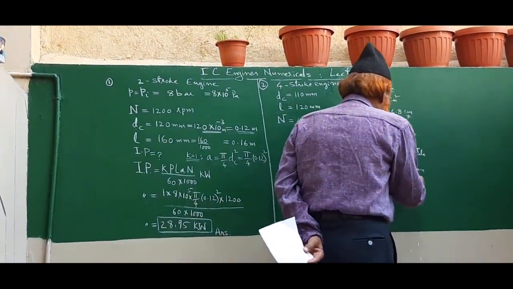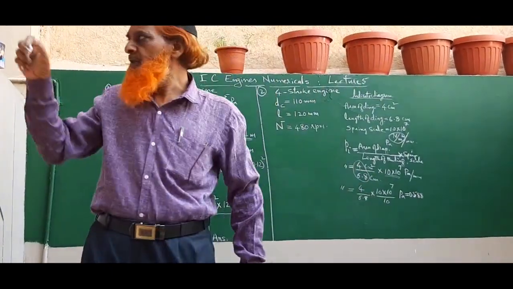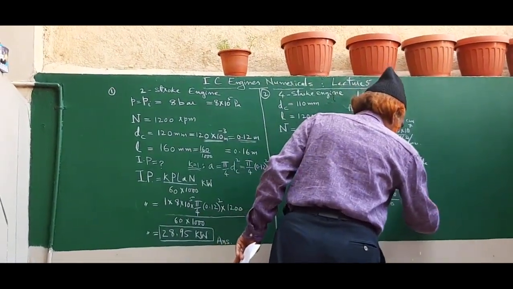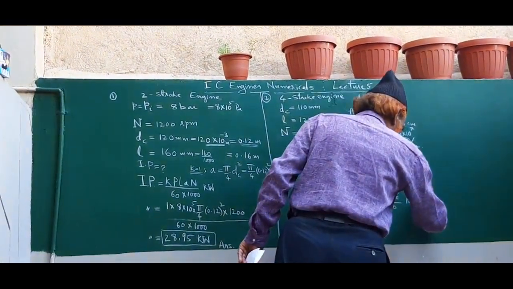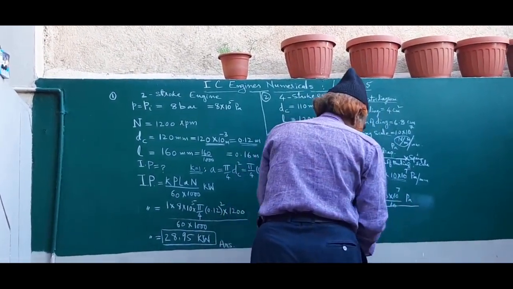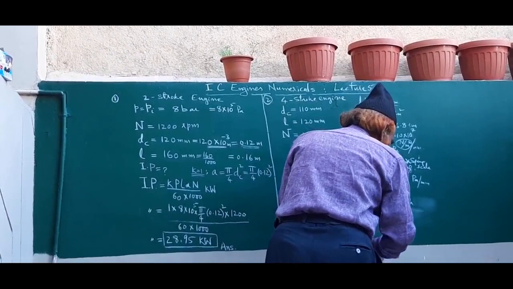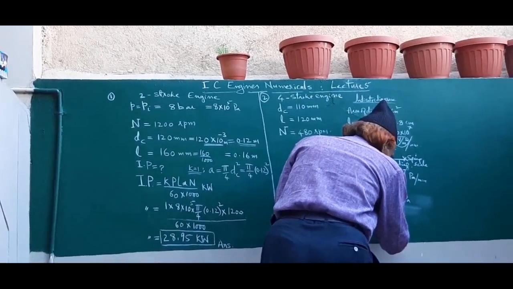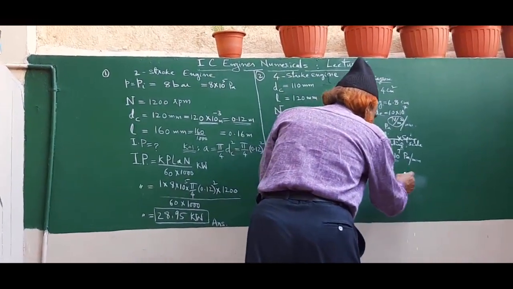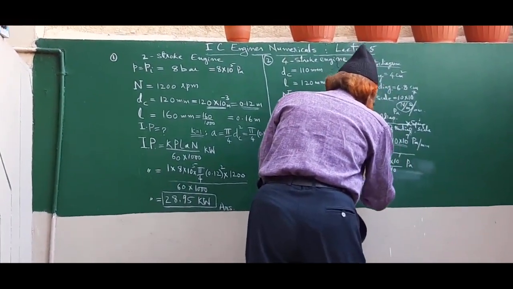Then you don't calculate it. You put it as it is. Because in actual calculation we will put as it is. So many Pascal you write down. Because we will not be reducing it at this level. This is the indicated mean effective pressure Pi, and this is what we have to use in our indicator diagram.